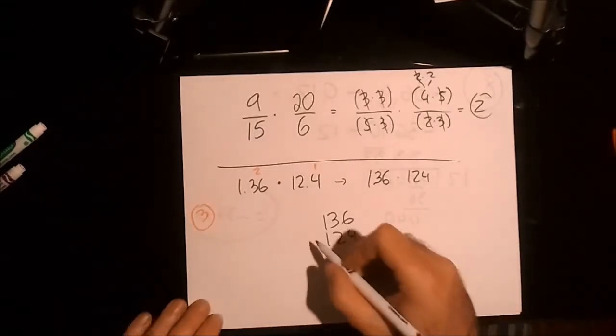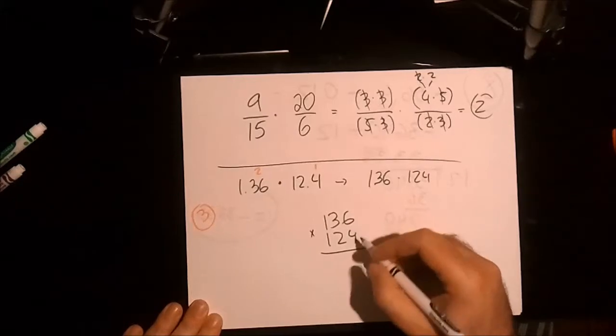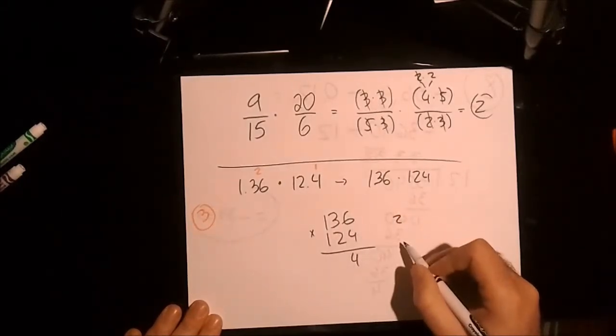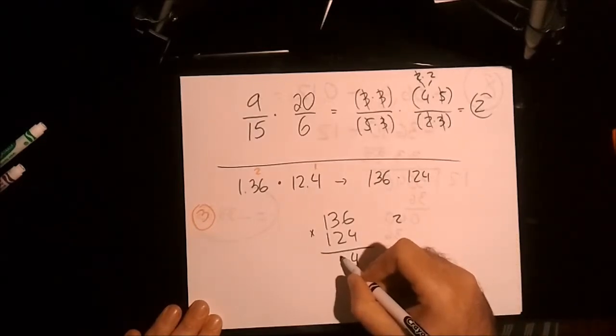Okay, so multiplication, 4 times 6, that's 24. 4 here, 2 in reserve. 4 times 3, that's 12. I have 2 in reserve, that's 14.